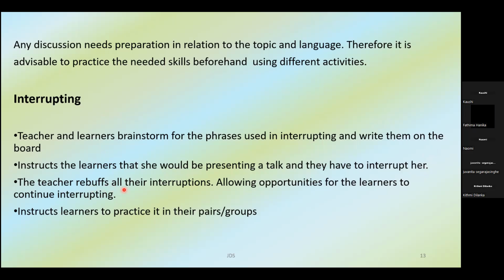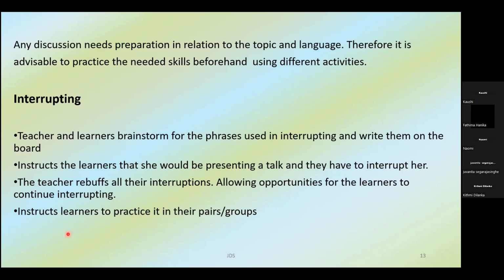The teacher rebuffs all their interruptions. That means basically the teacher turns a deaf ear to all their interruptions, allowing opportunities for the learners to continue interrupting. So it will appear to be something very impolite, but still, the purpose is to make them learn how to interrupt, using different language structures for interrupting.